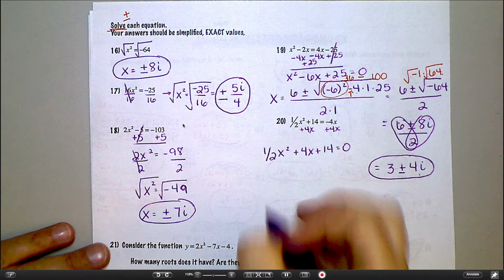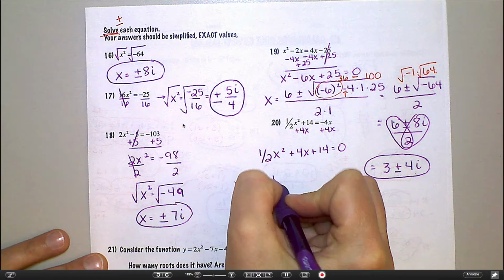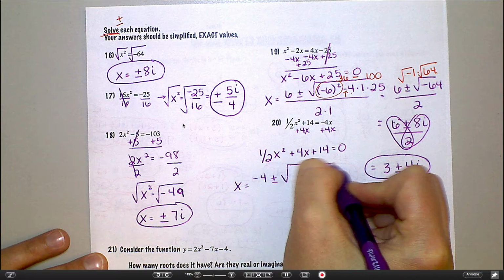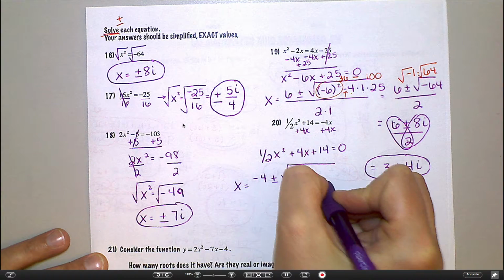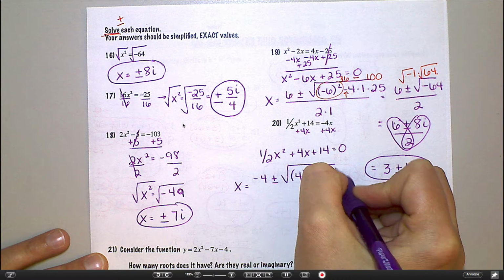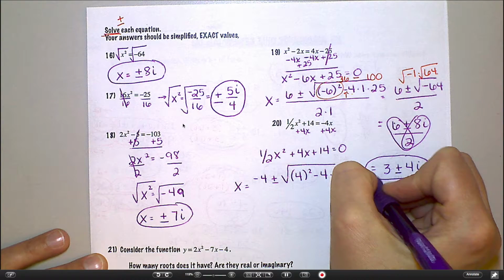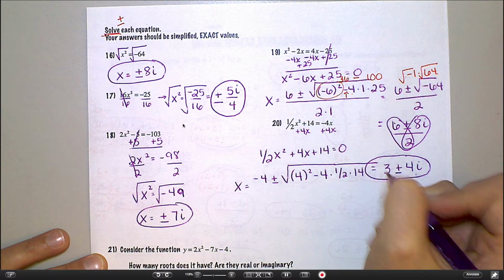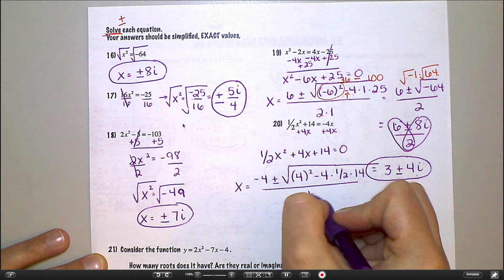Now to solve, I'm going to say x equals negative b plus or minus the square root of b squared minus 4 times a times c, all over 2 times 1/2.